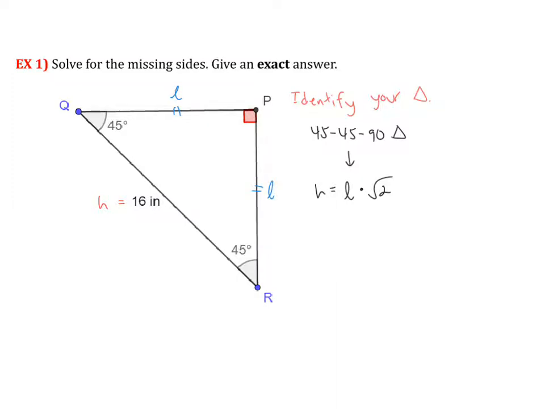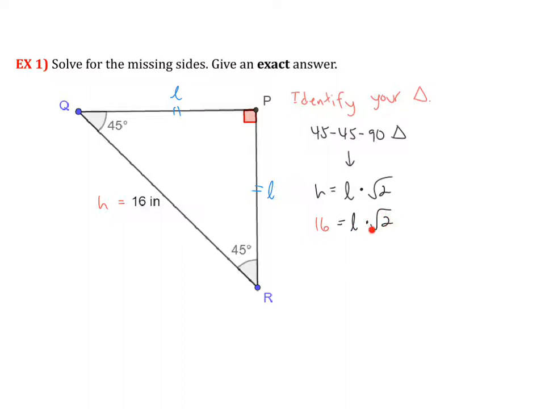So let's go ahead and substitute in. I'm going to substitute in 16 for H, and the rest of the equation is equal to L times the square root of 2. Now, I'm trying to solve for L, and L is being multiplied by the square root of 2.